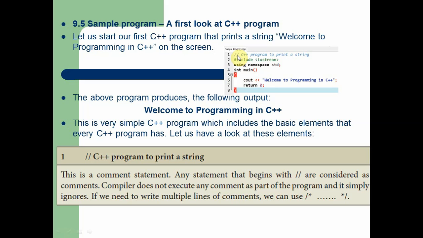A comment is a statement which is not executed by C++; it is simply ignored. So the meaning of line number 1 is that it is a comment. How do we identify this is a comment? Because of this symbol. This is called a punctuator, which is used to represent a single line comment, and this other symbol is used to represent multiple line comments.